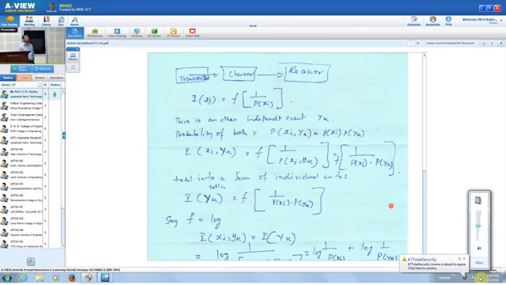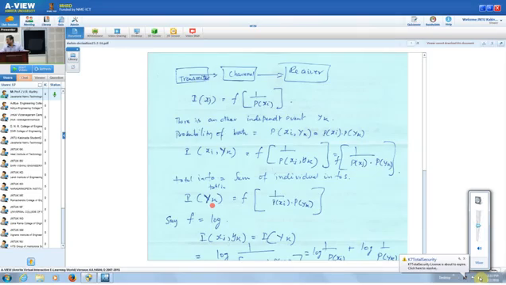Now, P of xi, P of yk, this is the function of this inverse. Now, if you look at the information of xi and Yk, we called it capital Yk. If you have two events, the total information carried by these two messages is the sum of the information, right?